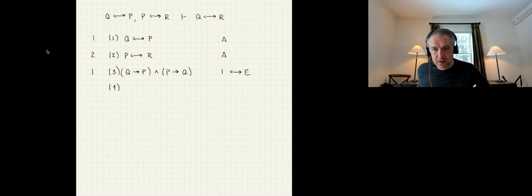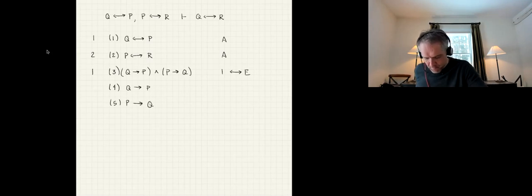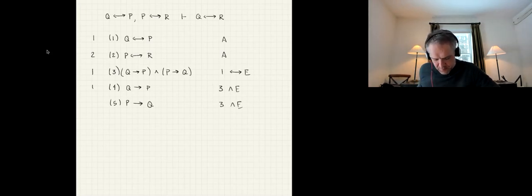Okay, in short, what's going to happen now is I'm just going to get all 4 of these conditionals written out. So I have if Q then P, if P then Q. These are both by just taking off the conjuncts from line 3, 3 and elimination. So we've unpacked 1 now into its bits. And now we're going to unpack 2 in the same way.